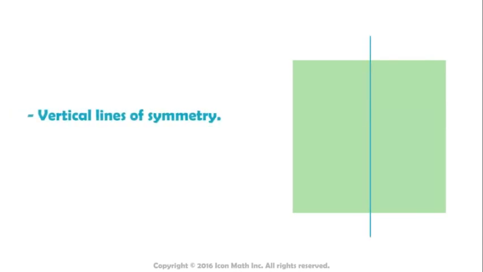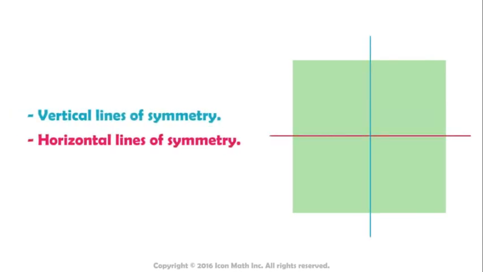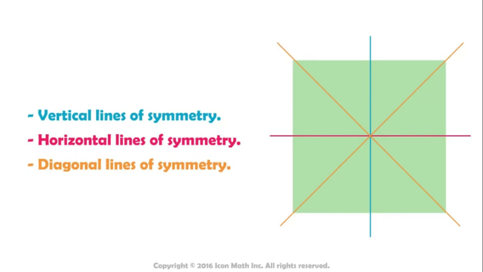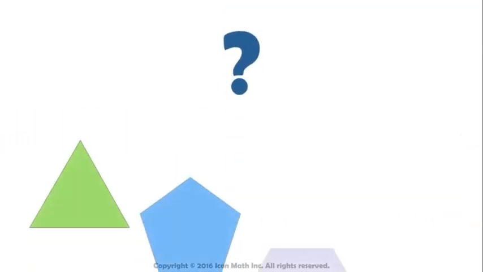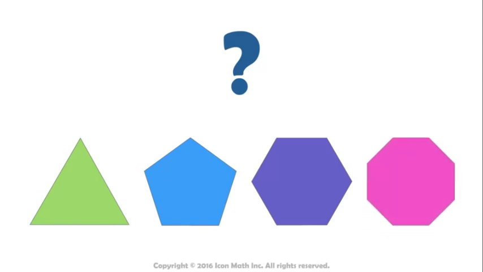As we learned before, the square is a symmetrical shape. It has one vertical, one horizontal, and two diagonal lines of symmetry. But what about other regular polygons? How many lines of symmetry do they have? Let's figure it out together.